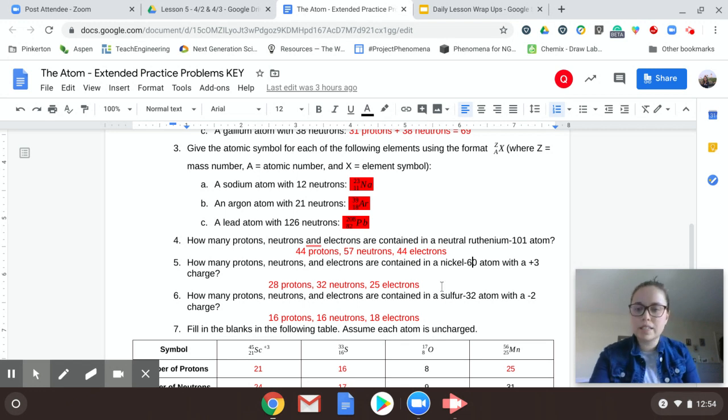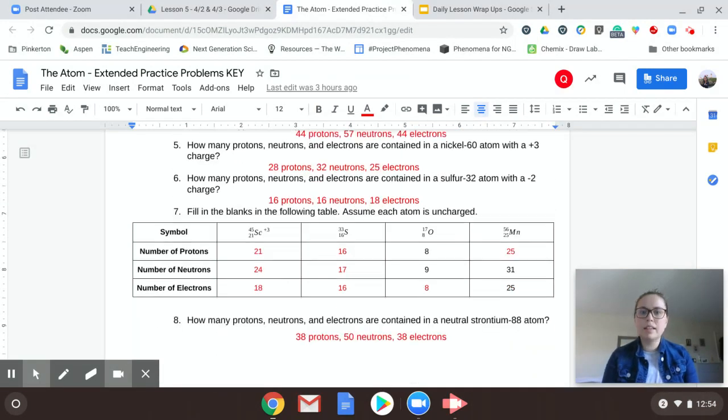Then we got to take into consideration this plus 3 charge. So if there is a positive charge, that means you have that many less electrons. So what I'm saying is we have a plus 3 charge. That means we need 3 less electrons than protons. So that's why we have 25 electrons. 28 minus 3 is 25.